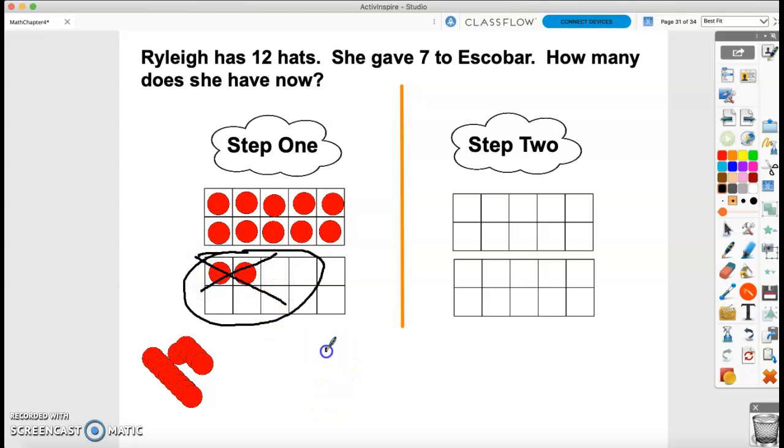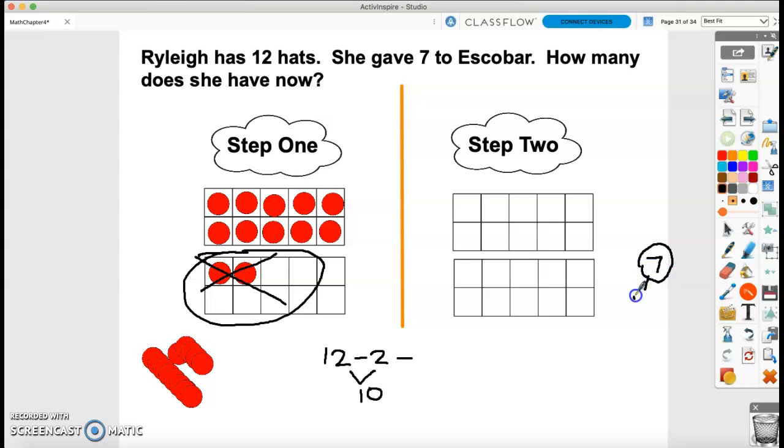So we're going to start with 12, and we're going to subtract 2. And we're going to end up with 10 right here. But we still have a little bit more to subtract. Because remember, we're subtracting 7 altogether.